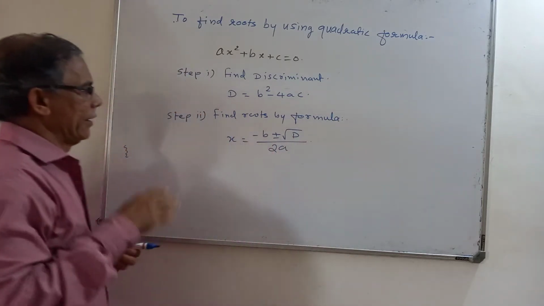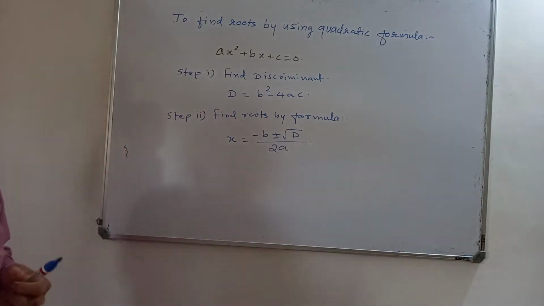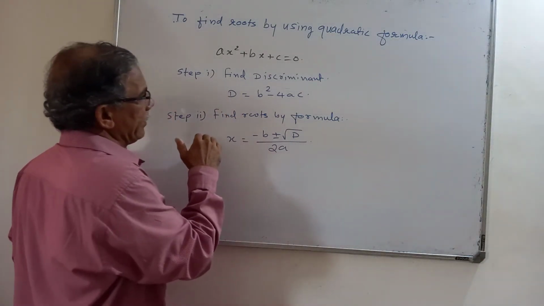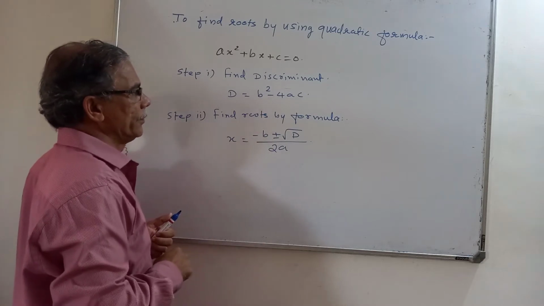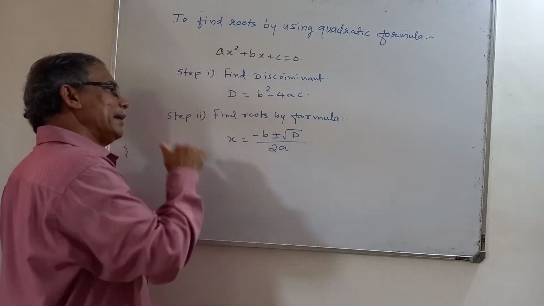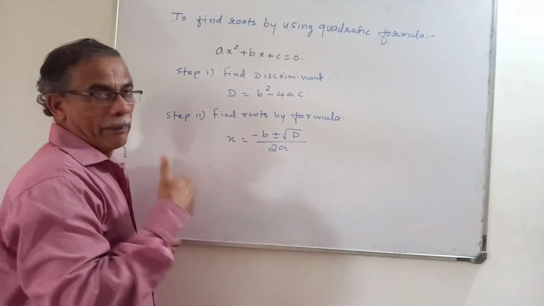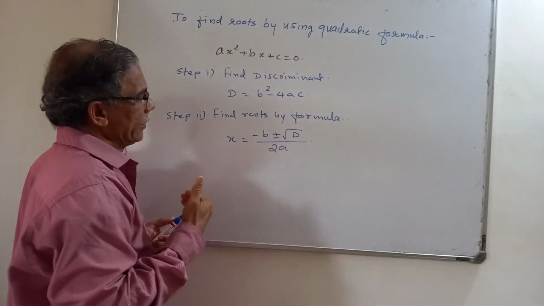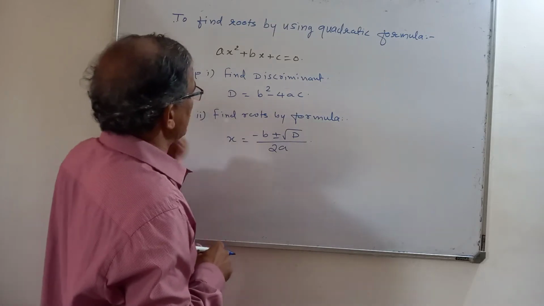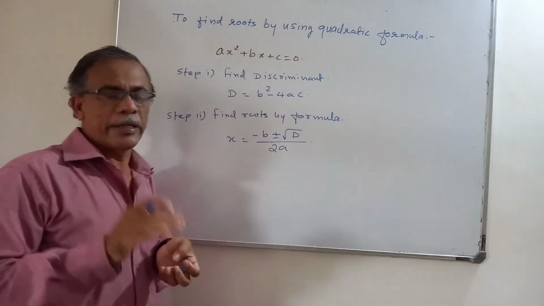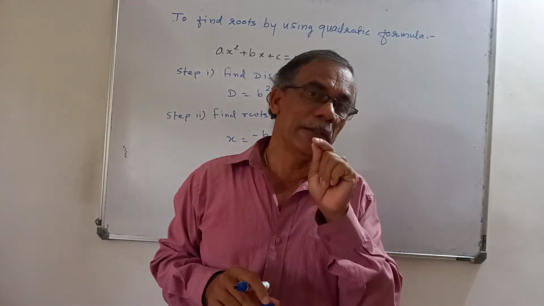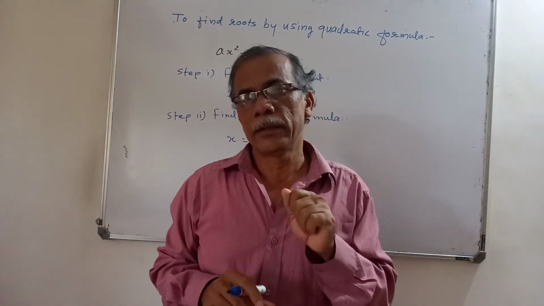This is the formula. Now actually there are three different cases. The value d you calculate may be greater than 0, or equal to 0, or less than 0. Depending upon the value of d, you will get the roots. For example, if d is greater than 0, as we have seen in the factorization method, you always get two roots.